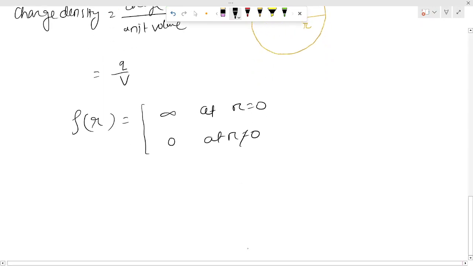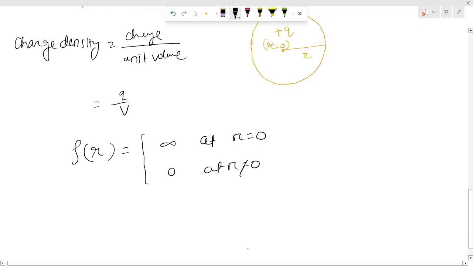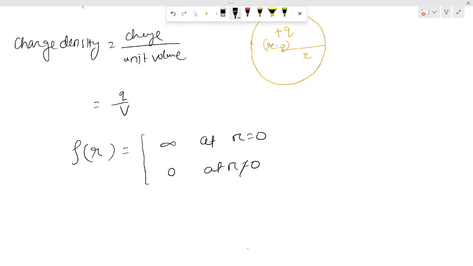Do you understand it? I mean that your charge density is infinity whenever r is equal to 0. In a spherical charge distribution, at the origin your charge density is infinity, and it is 0 when r does not equal 0, because I have the plus q charge only concentrated at the center.